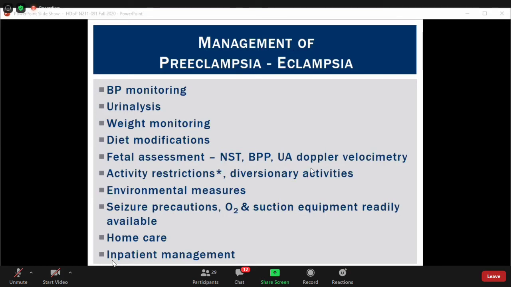And then the inpatient management. The other thing is if the patient is inpatient, you might have an order.